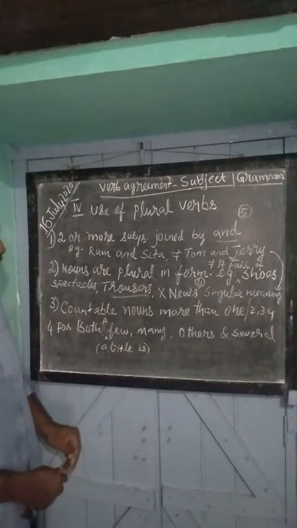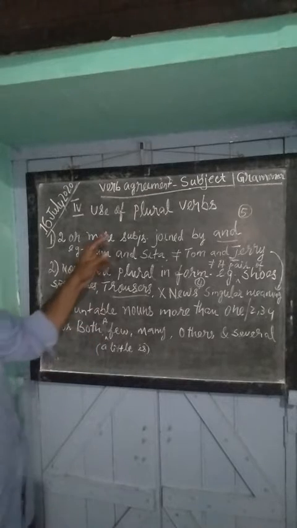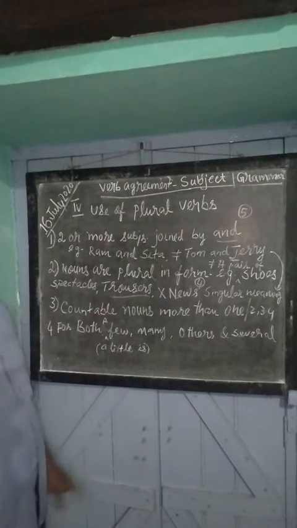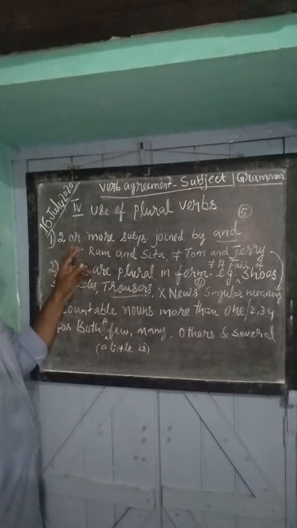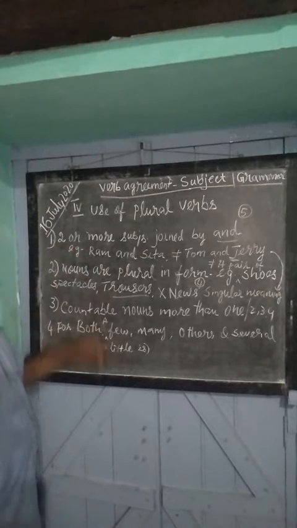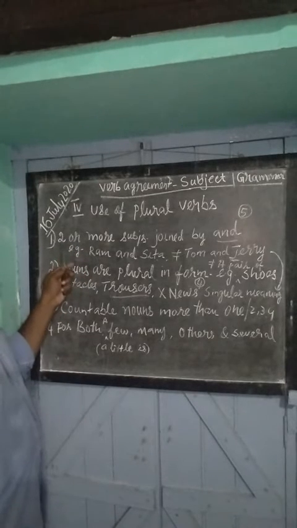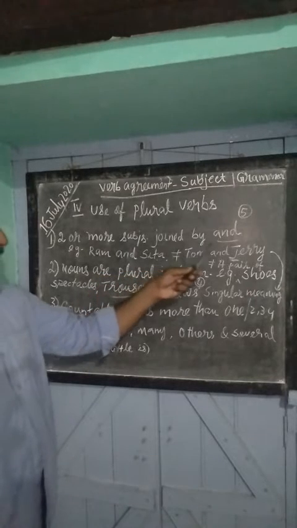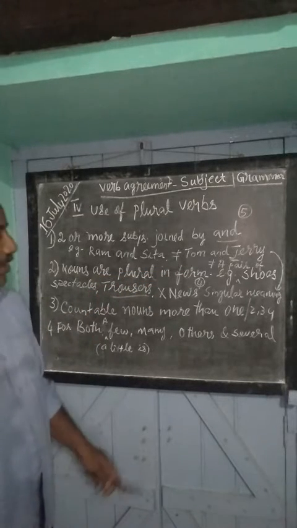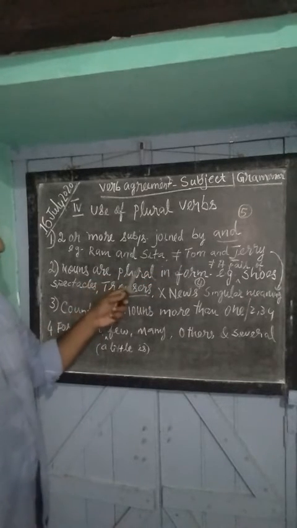The first rule is plural verbs are used in a sentence when there are two or more subjects joined by and. For example, Ram and Sita.